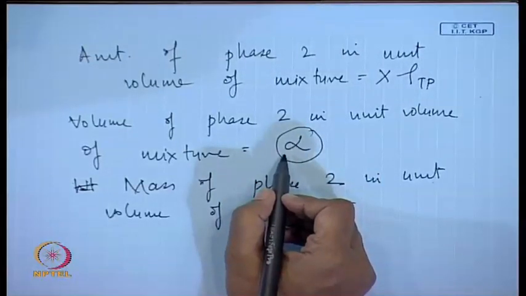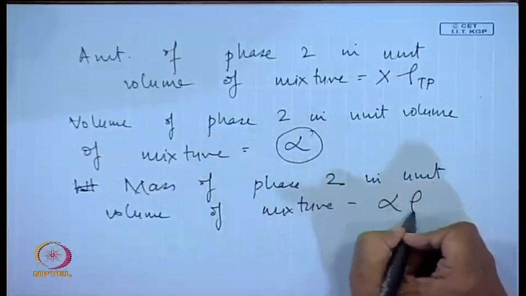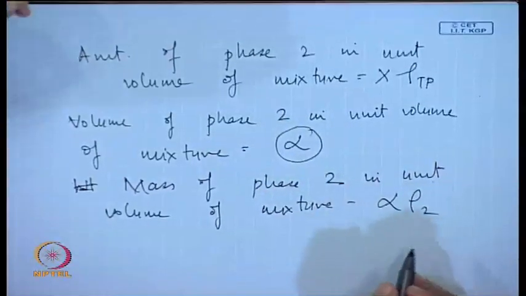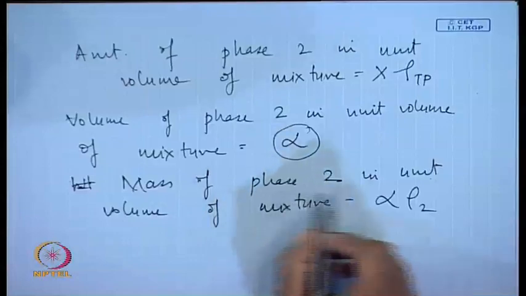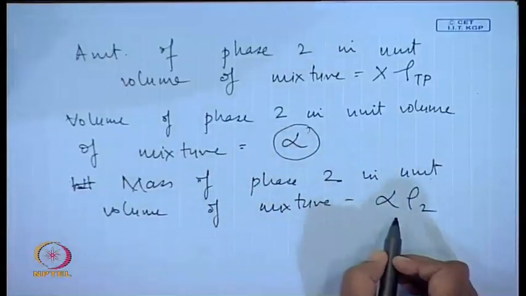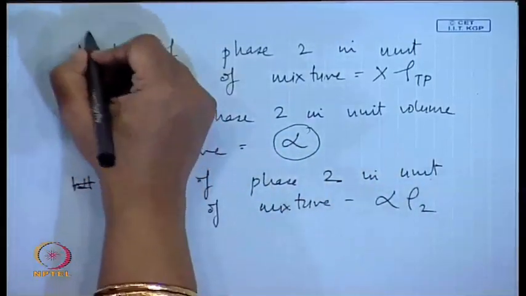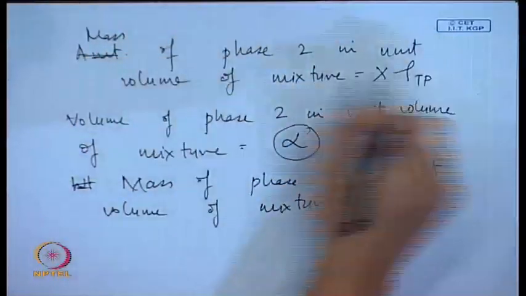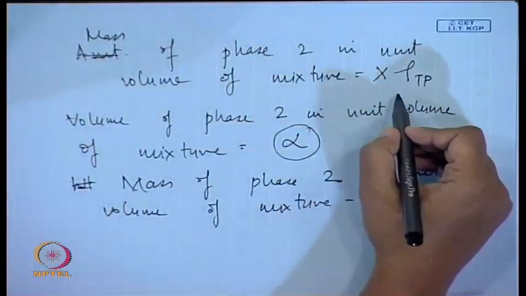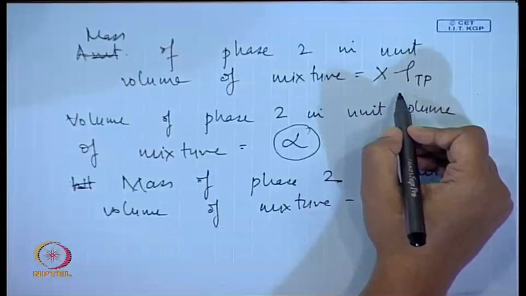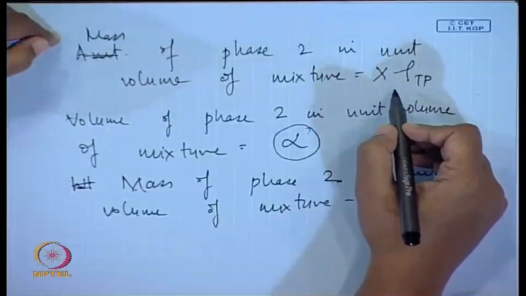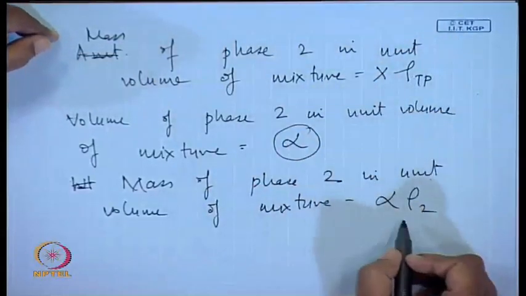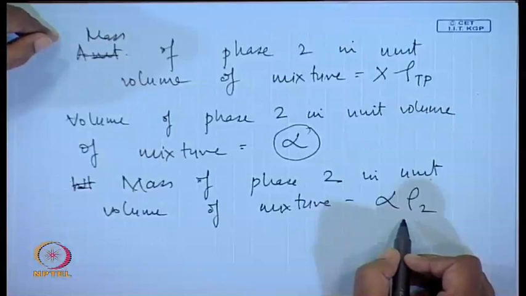What will be the mass of this? Alpha into rho 2. So, we find that the mass of phase 2 in unit volume of mixture is alpha rho 2, and this mass of phase 2 in unit volume of mixture is also x into rho Tp. Correct? So, we find x rho Tp has to be equal to alpha into rho 2.